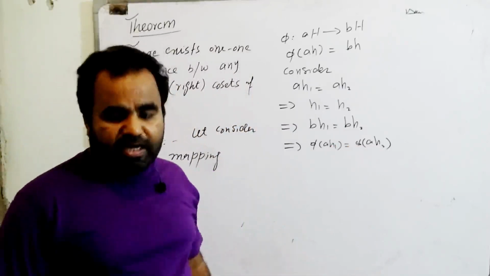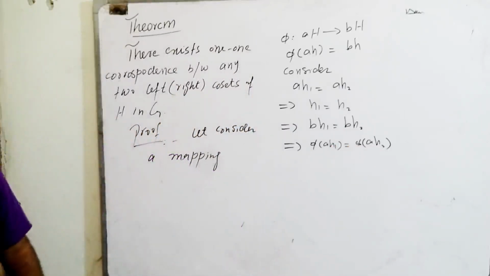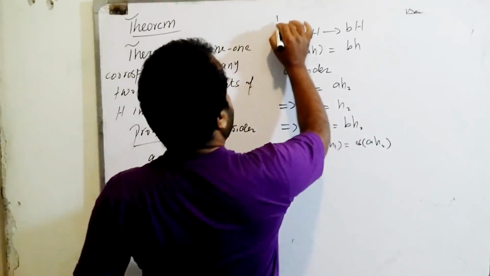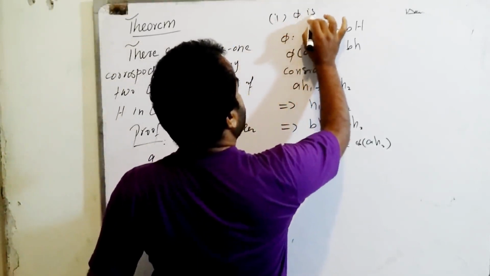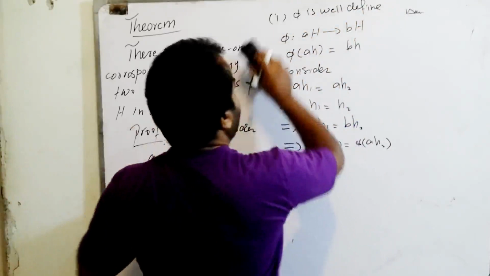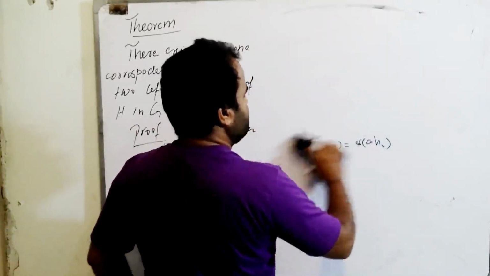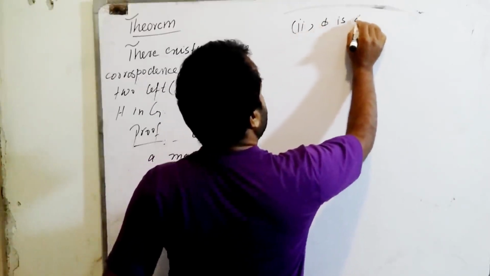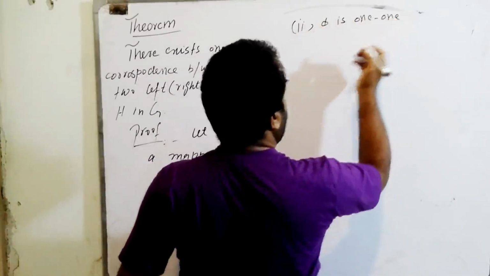Now we will prove that phi is one-to-one. We have proved that phi is well defined, and now the second step is to prove that phi is one-to-one.